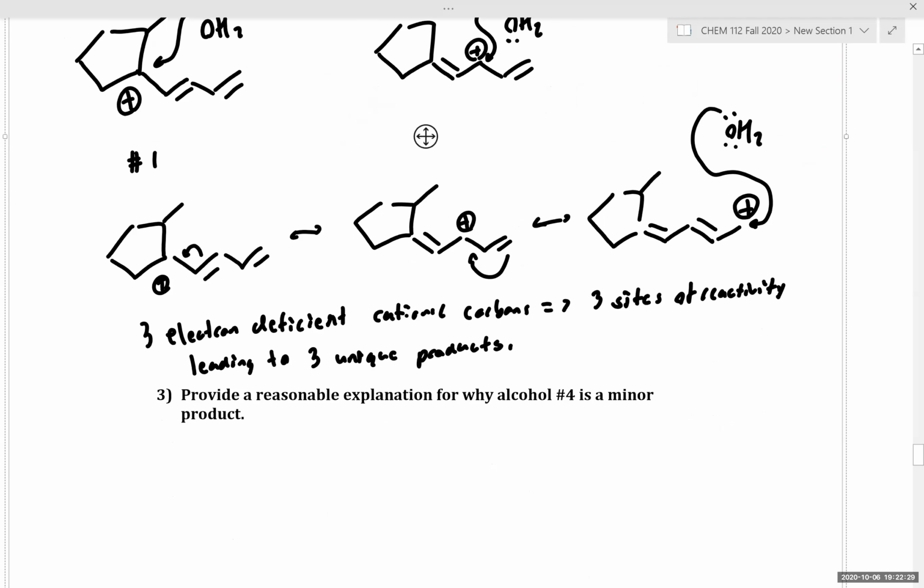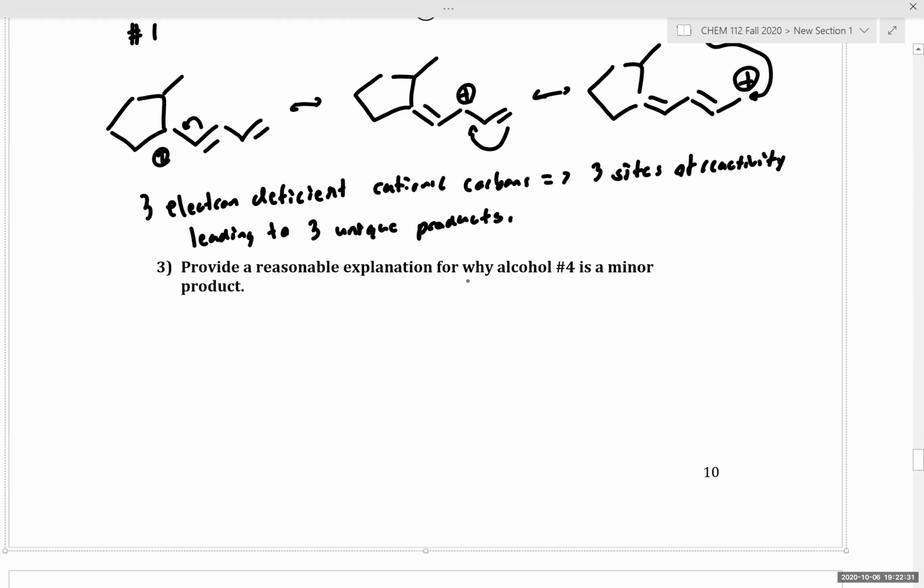Okay, so the last case, we're asked to provide a reasonable explanation for why alcohol number 4 is a minor product.